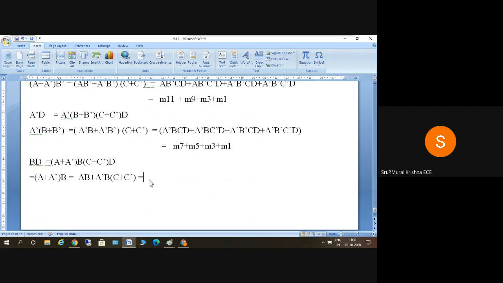So that is ABC plus ABC bar plus A bar BC plus A bar BC bar.